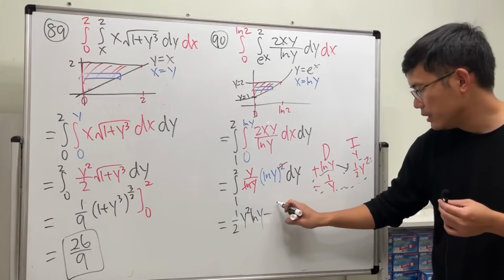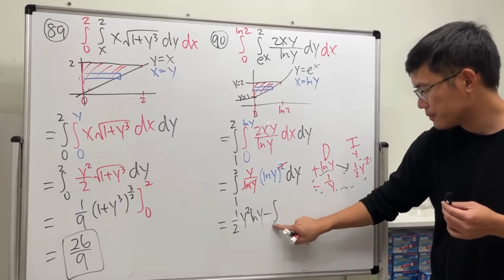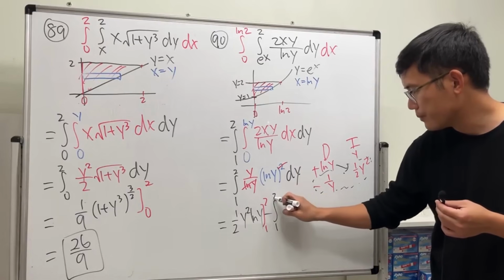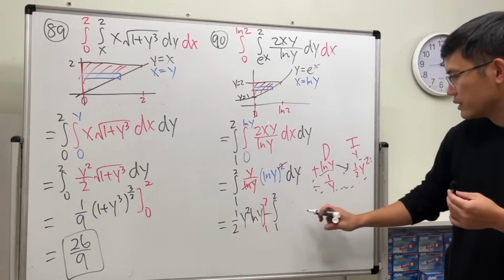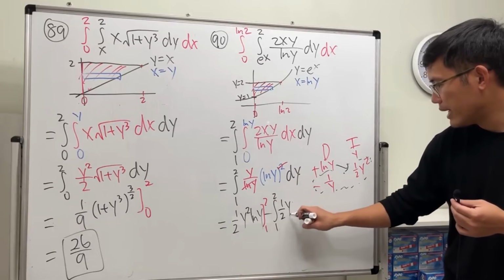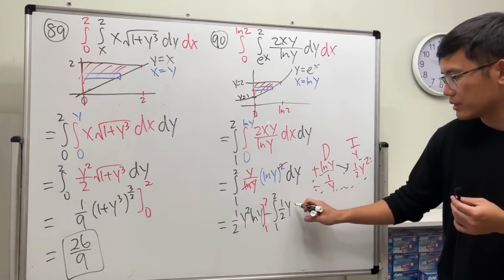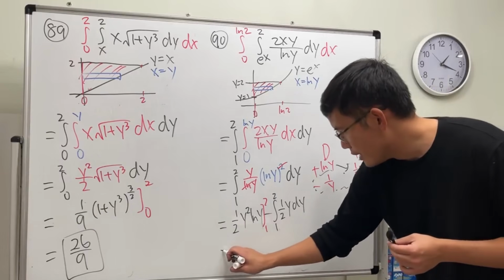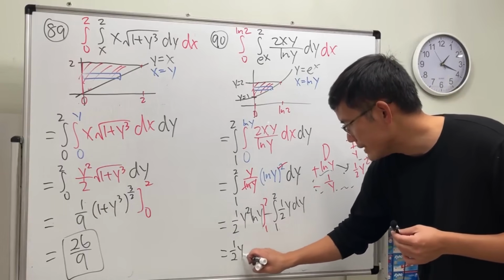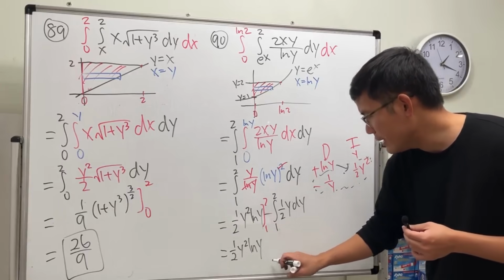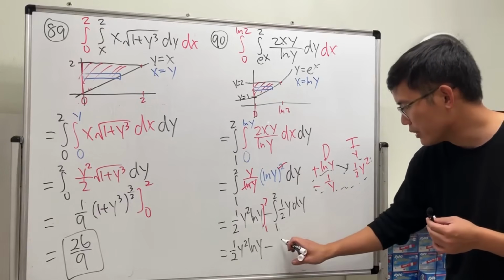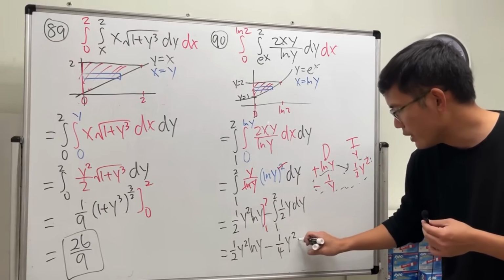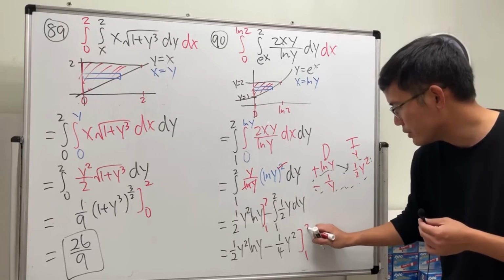So the integral going from 1 to 2, this multiplies, so we get 1/2 y, yeah, they cancel, so we just have y and then dy. Okay, 1/2 y squared ln y minus the result of the integration here, which is 1 over 4 y squared, and now plugging in 1 and 2.